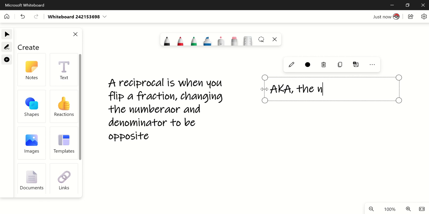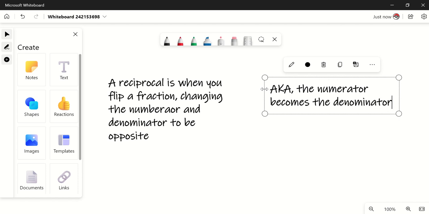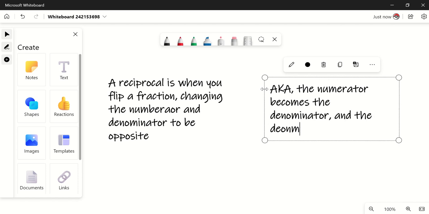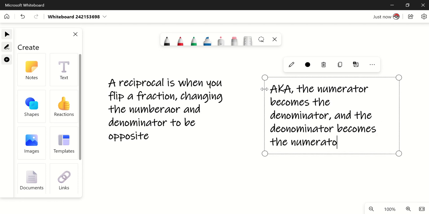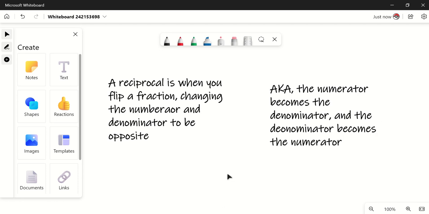AKA, the numerator becomes the denominator and the denominator becomes the numerator.